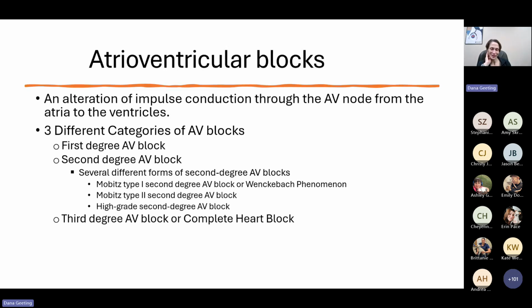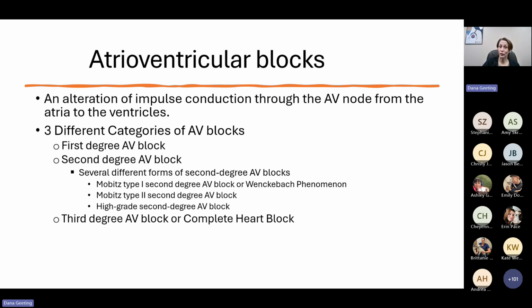And then the next irregular heart rhythm would be AV blocks. There are 3 different categories of AV blocks. AV block is an alteration in impulse conduction going through the AV node from the atria to the ventricles.